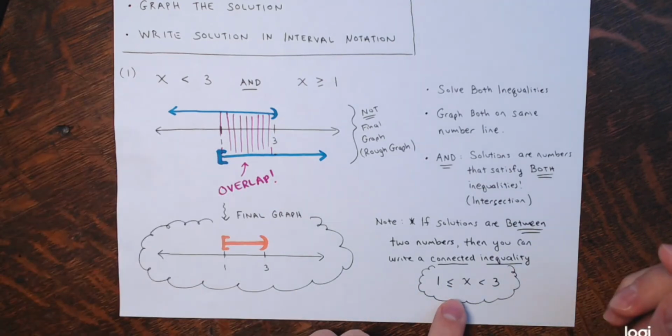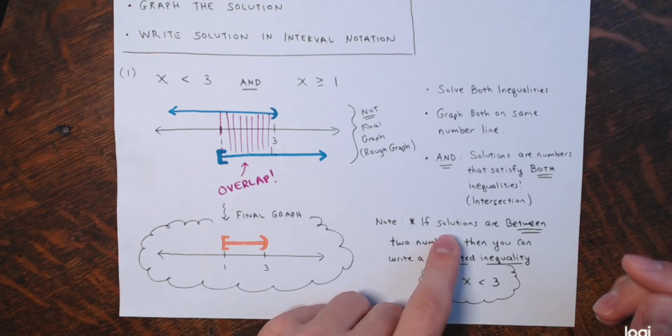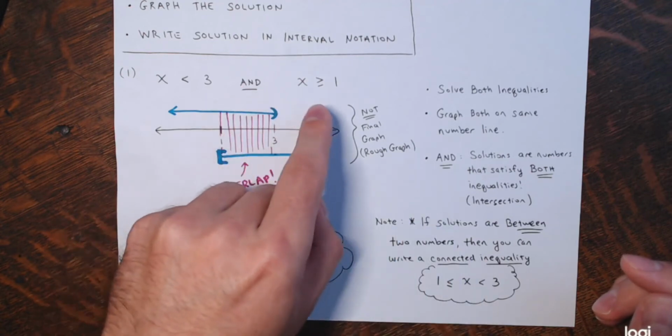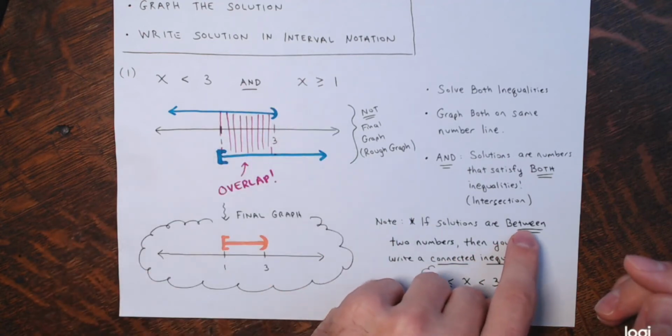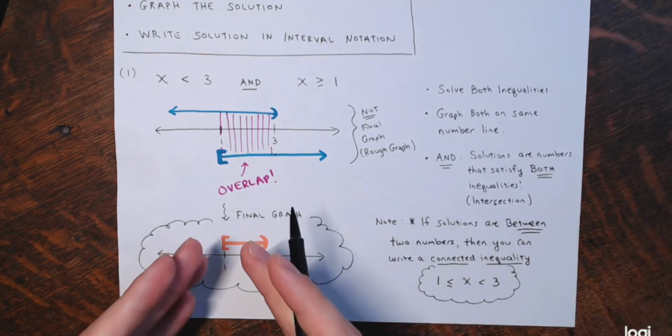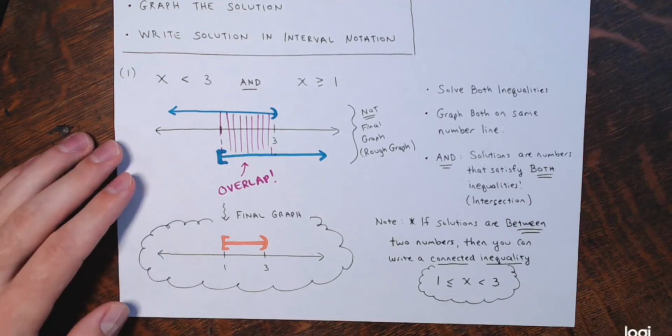But the only time you can do this, people make a mistake with this quite often. The only time you can do this connected inequality business is when the solutions, on your graph there, the solutions of the compound inequality are between 2 numbers. Like I have here, between 1 and 3, I can make this connected inequality like that.